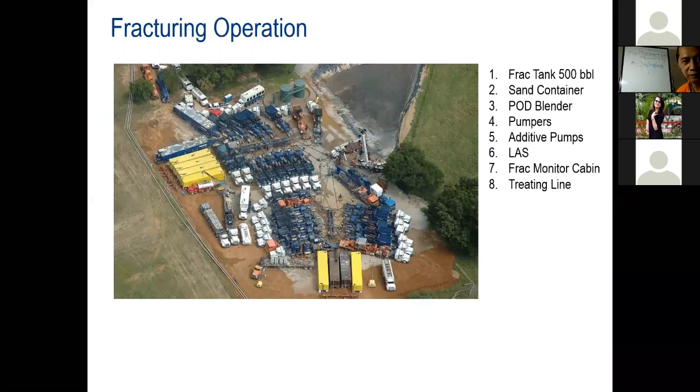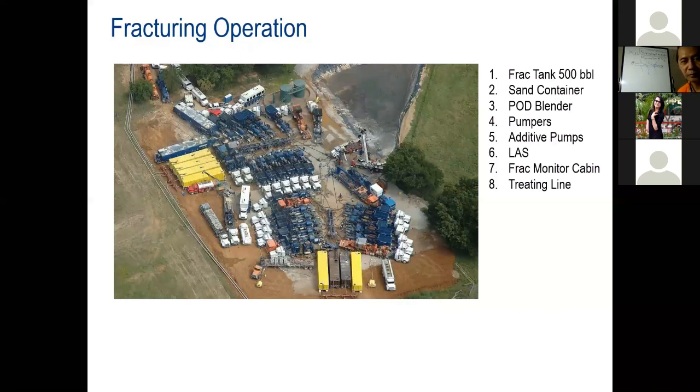The fracturing job maybe lasts between 30 minutes to maybe a maximum of half a day or 1 day, right? It's not that much, but the preparation for the job takes a very, very long time. It can be 1 day, 2 days, or even a week or a month.